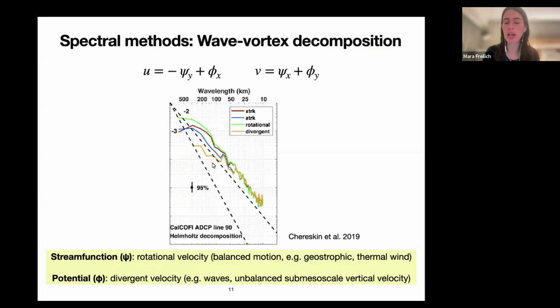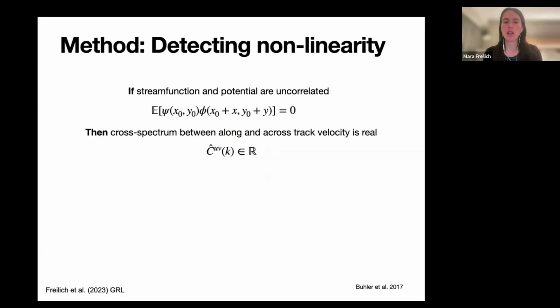And here I'm showing observations in the California current system where they did just that and found that the divergent component becomes relatively more important at smaller spatial scales compared to larger spatial scales. But one of the major assumptions of this method is that the velocity stream function and potential are uncorrelated.